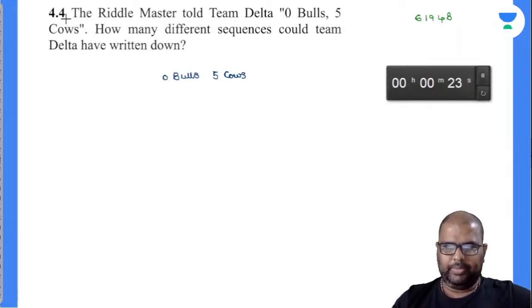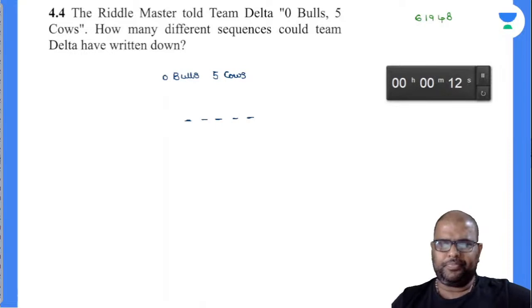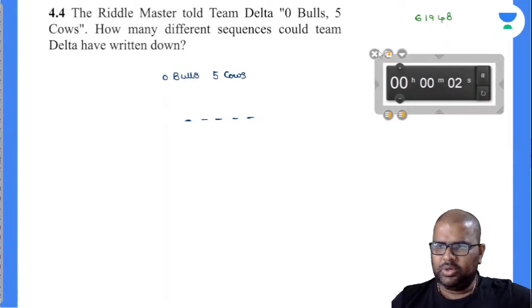Twenty seconds more, beta. Now see here, this is the master sequence. What happened today to the children, so dull? What happened, beta? I think the guys who have joined later might not be able to understand the things there, right? Next question will be a fresh question, right? Don't worry. Nobody has answered this.